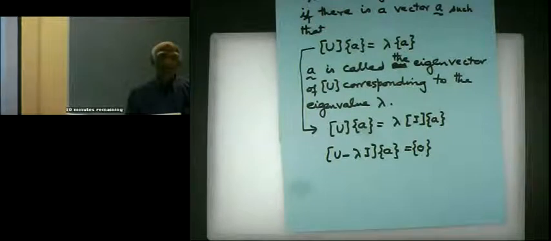So how many equations do we have here? 3. A has 3 components. We are in a 3-dimensional space, so A has 3 components. So we have equations for A1, A2, A3. And the right hand side is 0. So when will we get a non-trivial solution for A?